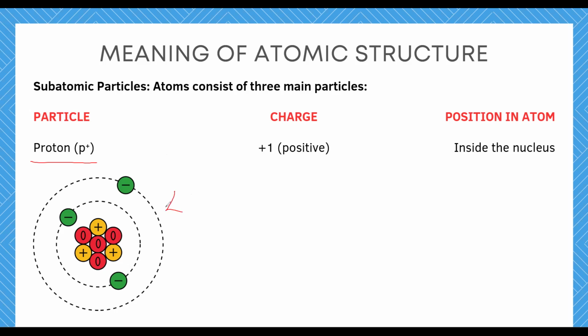This diagram that I just labeled is the diagram of what an atomic structure looks like. You can see some green balls scattered across the atom. Those are not the protons. We're going to see what they mean. But for now, the first subatomic particle is the proton. You see these yellow balls that have plus signs on them. They are the ones that are called the protons.